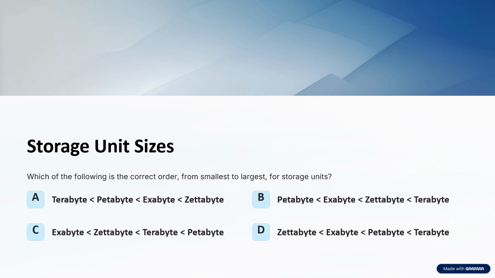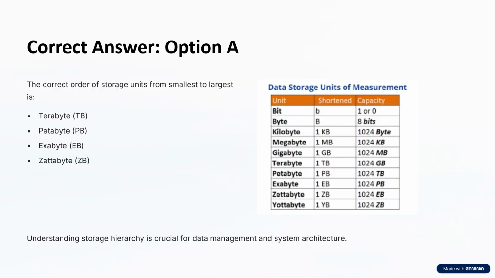Option B, petabyte, exabyte, zettabyte, terabyte. Option C, exabyte, zettabyte, terabyte, and petabyte. The last option is zettabyte, exabyte, petabyte, and terabyte. So this is a detailed explanation about this question.